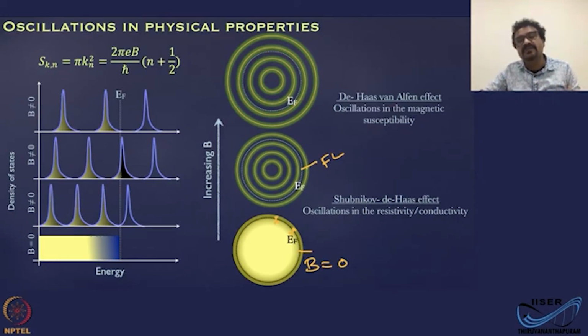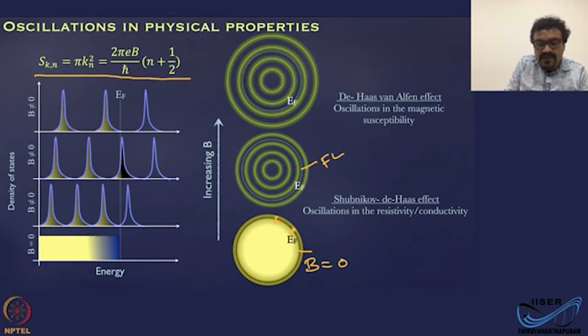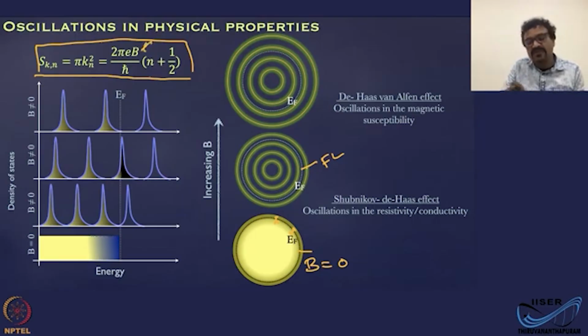That's not going to change. But what is going to happen is the area of this Landau level, that is proportional to the B field, is going to expand, each of them. They'll expand isotropically, but the Fermi level is going to be there. It's not going to change. So what's going to happen is they'll expand, and they will escape or pass through the Fermi surface one by one.